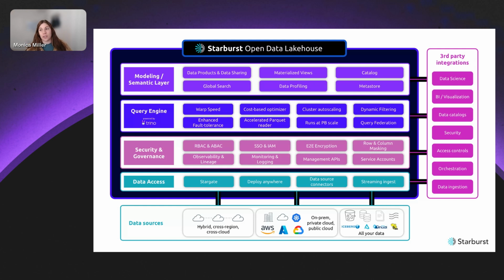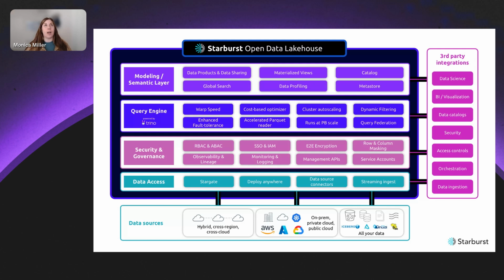And then on top of the query engine that we already have, we have three different types of execution modes. We have our standard execution mode, we have warp speed, and then we have fault tolerance execution mode. Fault tolerance does exist in Trino. However, I believe it only goes to 3 gigabytes, whereas ours is enhanced to 60.